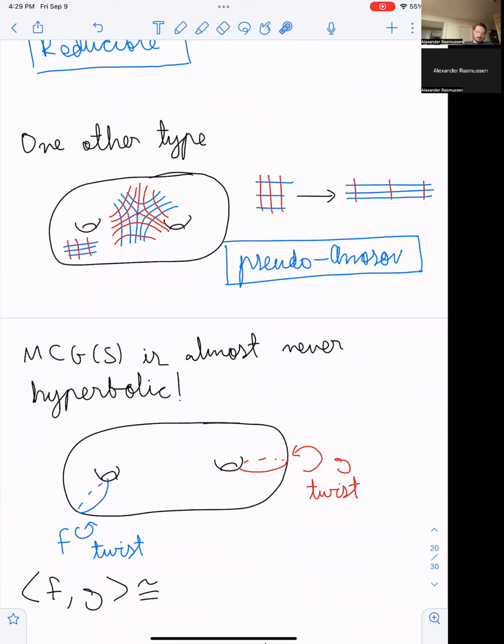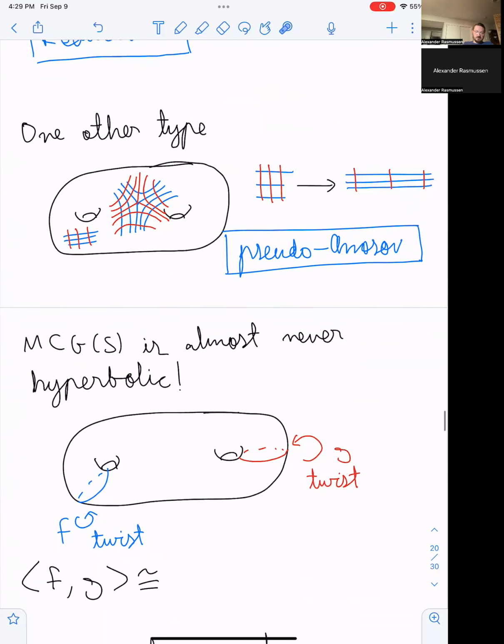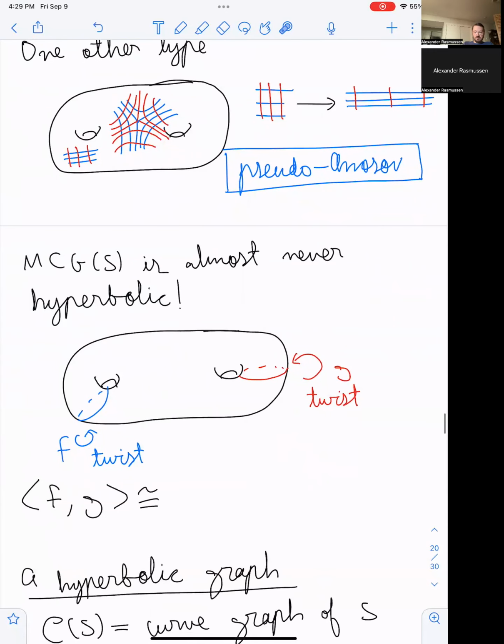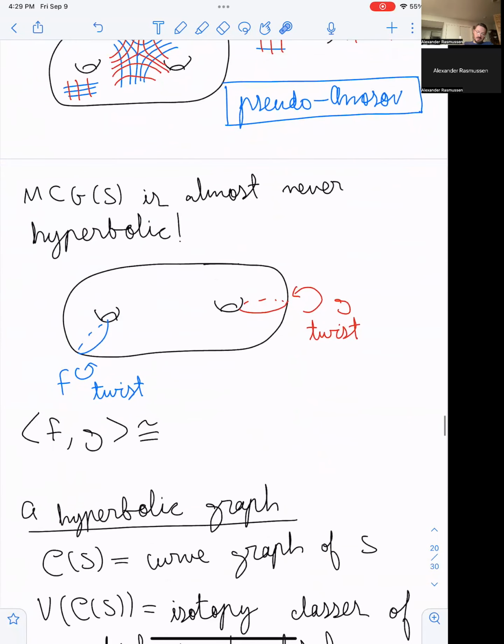And now to start talking about hyperbolic stuff, I just want to note that the mapping class group is almost never hyperbolic itself. To see this, we could look at Dehn twists, for instance.